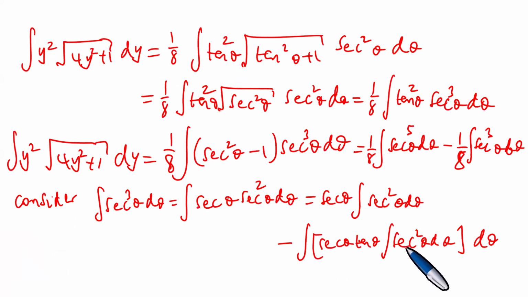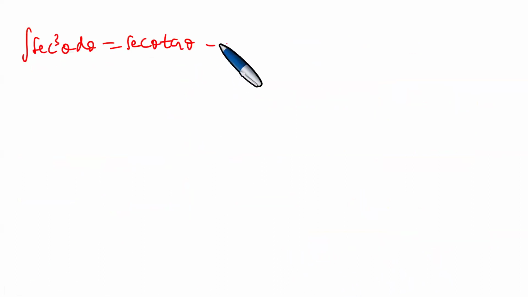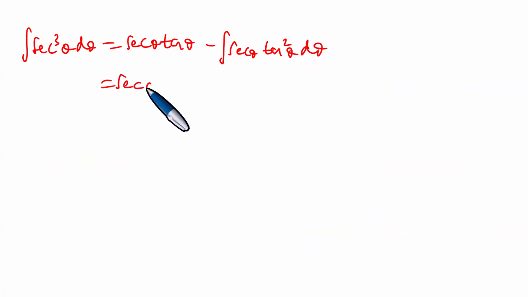The integral of the secant squared is exactly the tangent, so we have the tangent by the tangent, which is the tangent squared. So this is then minus the integral of the secant of theta, the tangent squared of theta d theta. So you have the secant of theta tan theta.